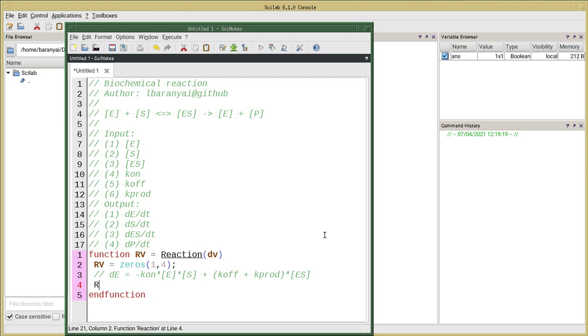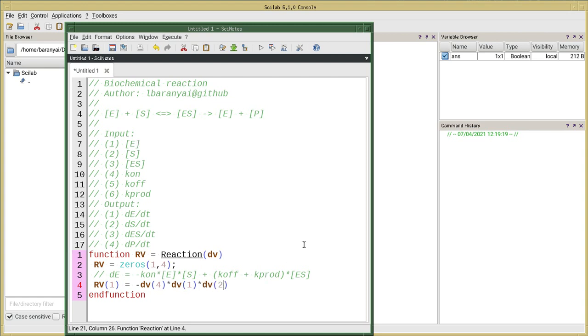It means that the return variable, return array first element will be, now we have to turn this to data vector elements. The first will be the k on, it is element number 4, minus data vector element number 4, multiplied by data vector element number 1, and multiplied by data vector element number 2.